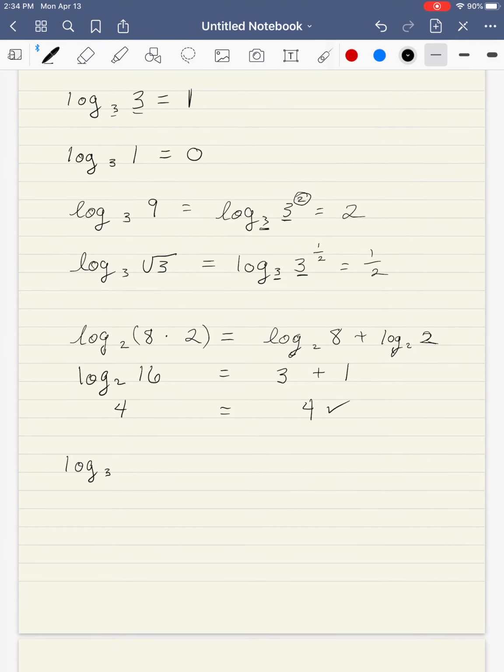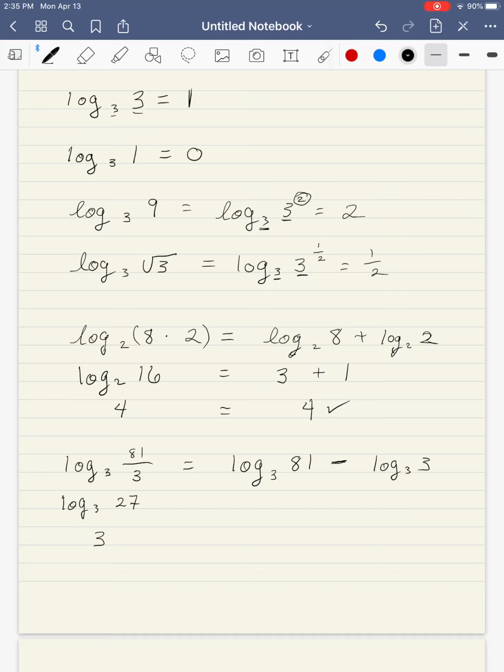Let's try one with division. Suppose I have the logarithm base 3 of 81 divided by 3. According to my principle, I can break that up into two separate logarithms: logarithm base 3 of 81 minus logarithm base 3 of 3. Well, working down on the left-hand side, if I do the division, 81 divided by 3 is 27.